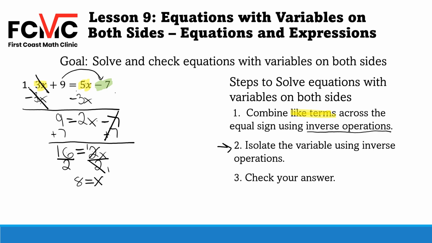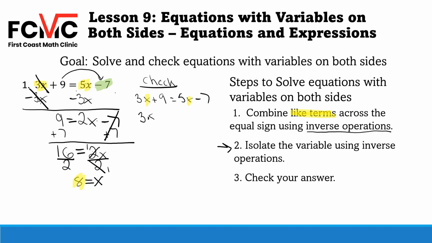So to check our answer, we're going to rewrite our equation. So our original equation, 3x plus 9 equals 5x minus 7. We're going to take the 8, substitute in for x.